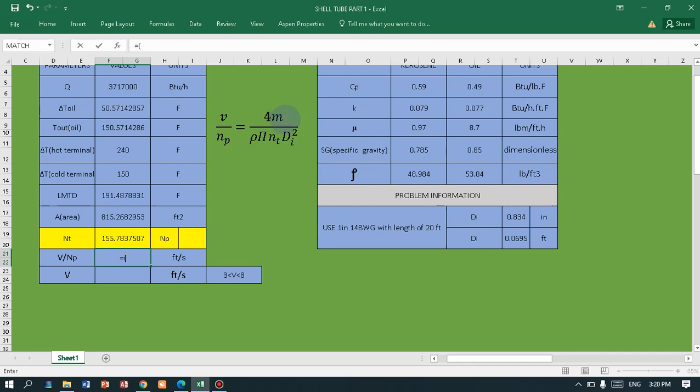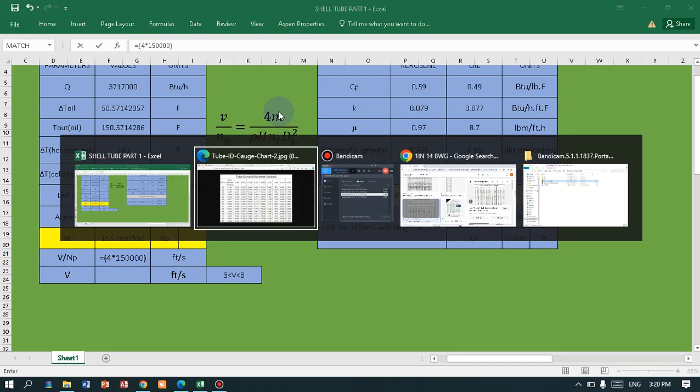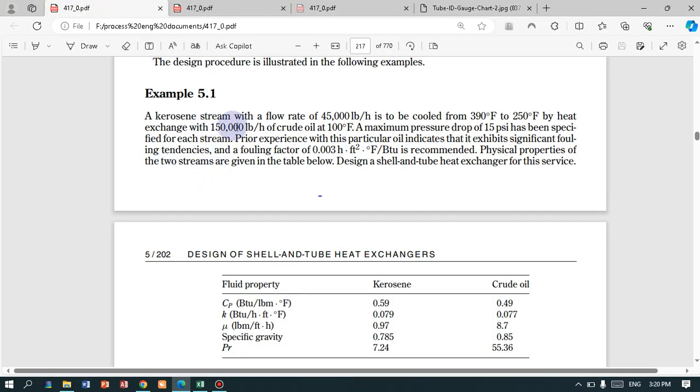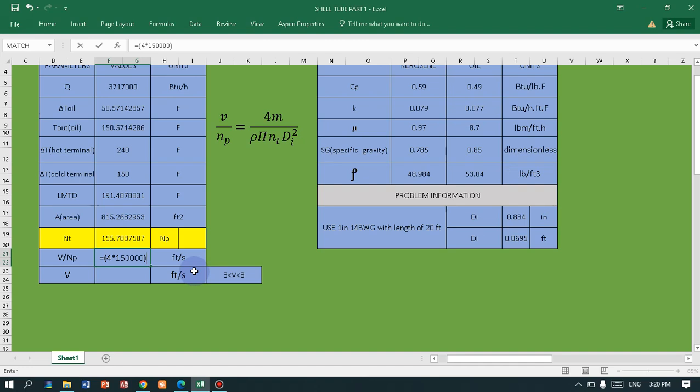Open the bracket, insert 4 and multiply this number by 150,000 pounds per hour, which is given in the problem, and divide this number by the density of the oil which passes through the tubes. Just make sure that you have opened the bracket and insert the density after that.